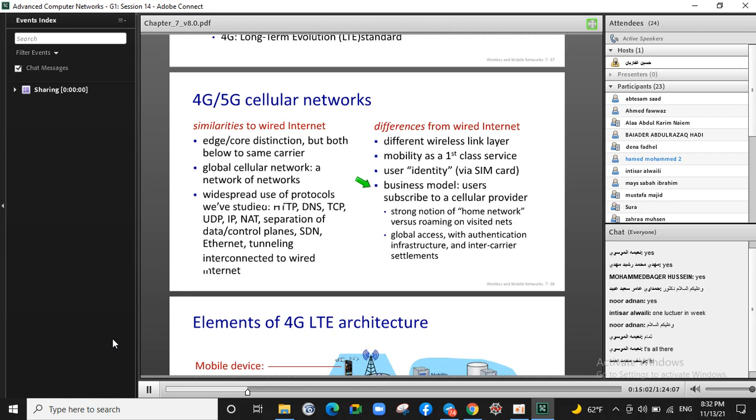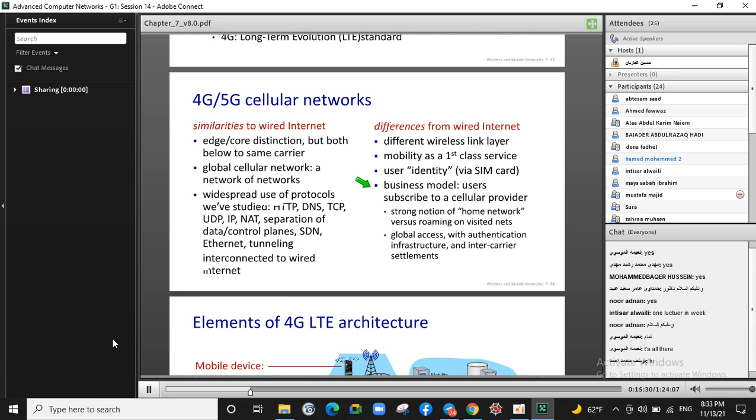When I'm using a wired technology, for example an ADSL line connected to my home, I cannot move, not even to the other side of the street. I can use my ADSL inside my home.